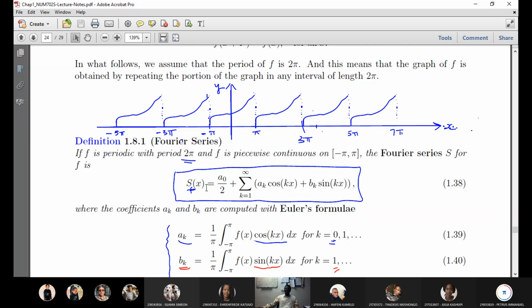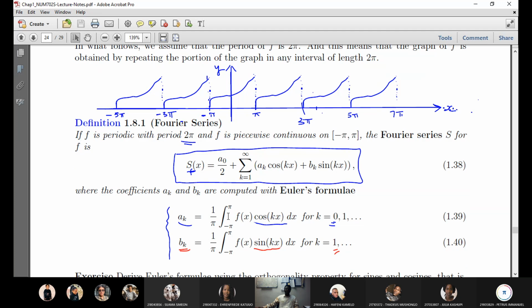So the Fourier series of this function f is defined by s sub f of x equal to a0 by 2 plus the summation, k running from 1 to infinity, of ak cosine kx plus bk sine kx, where the coefficients ak and bk are given by what we call Euler's formula, with this expression.